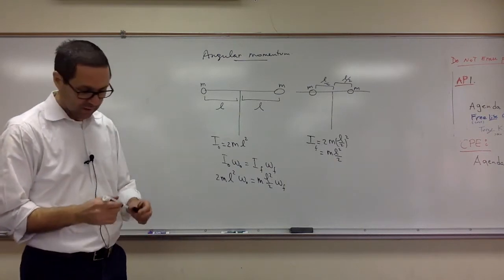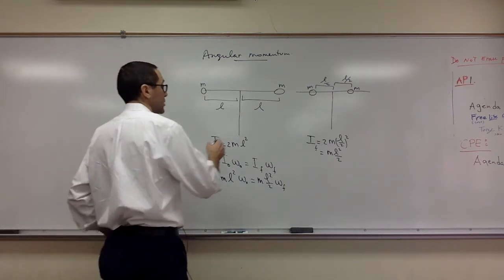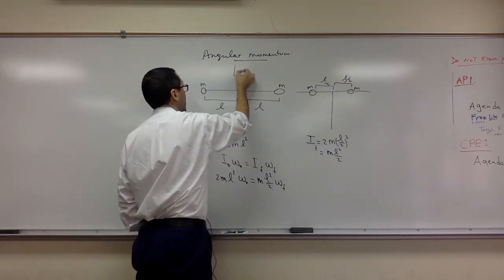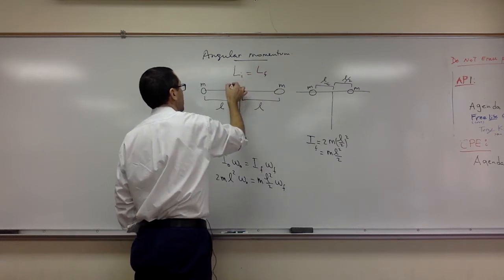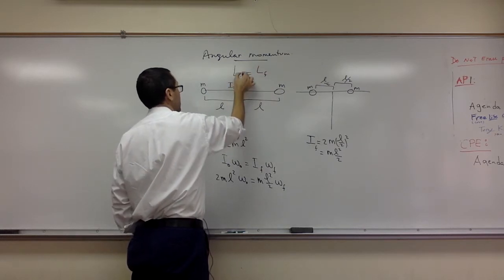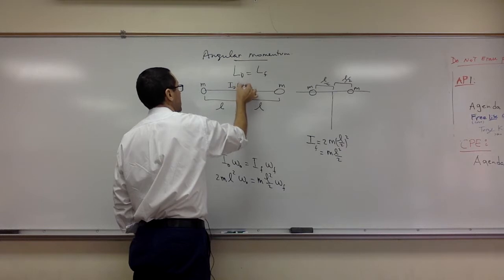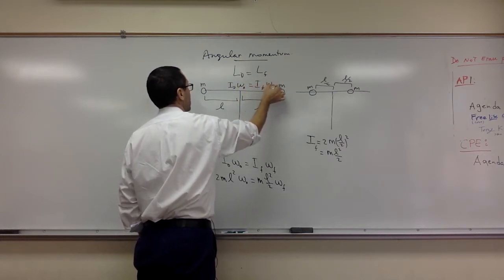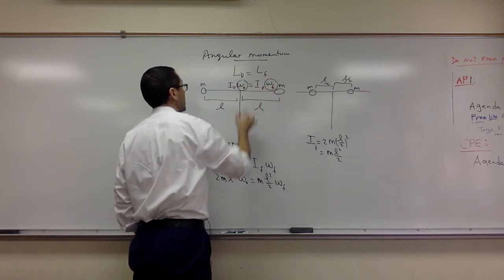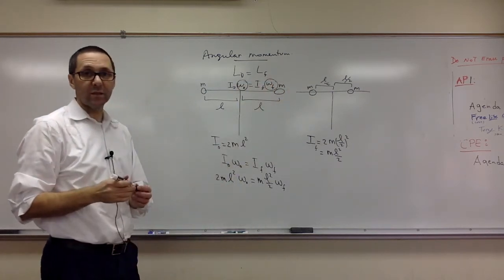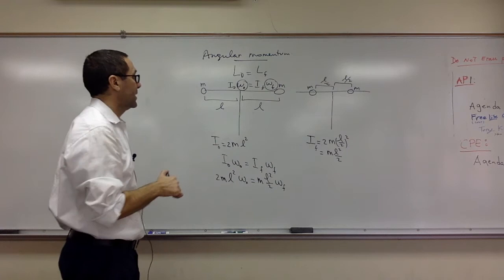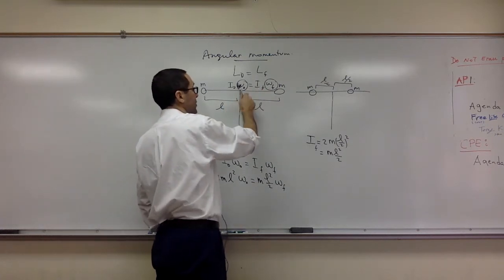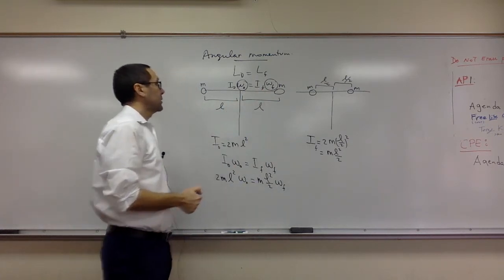The other thing is when we do L initial equals L final, or I initial omega initial equals I final omega final, these omegas don't have to be in radians per second in this case. As long as they are in the same units, RPMs or RPS, you're okay.